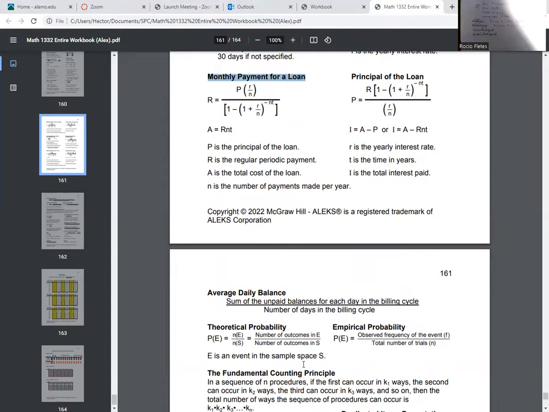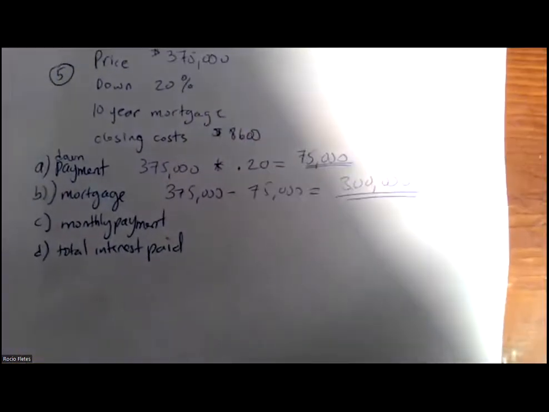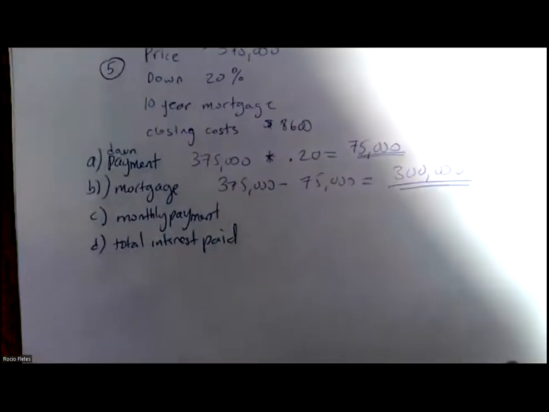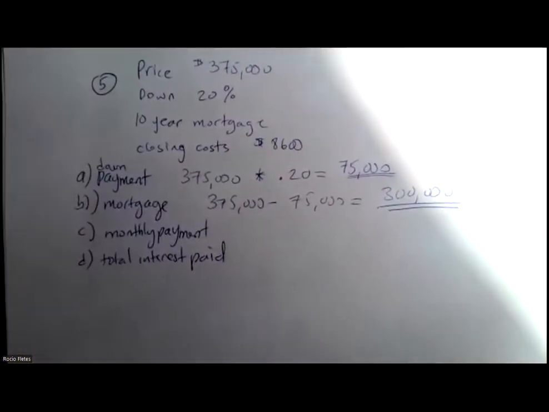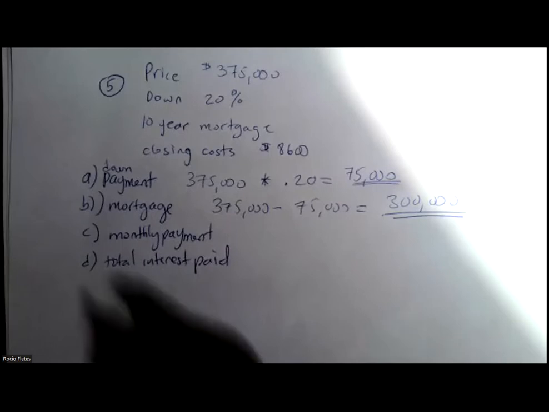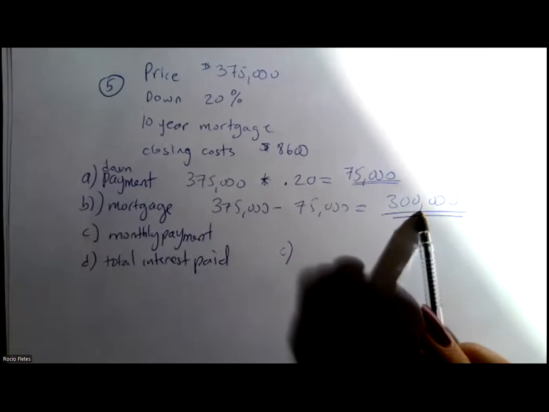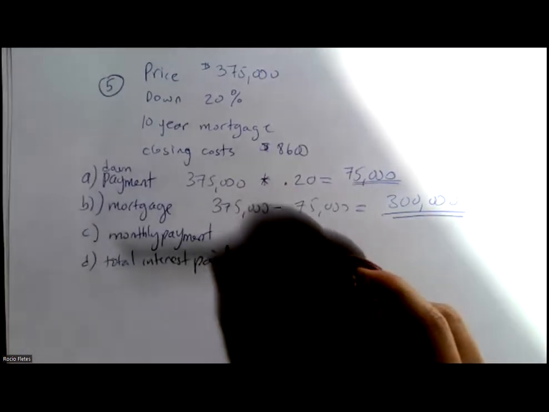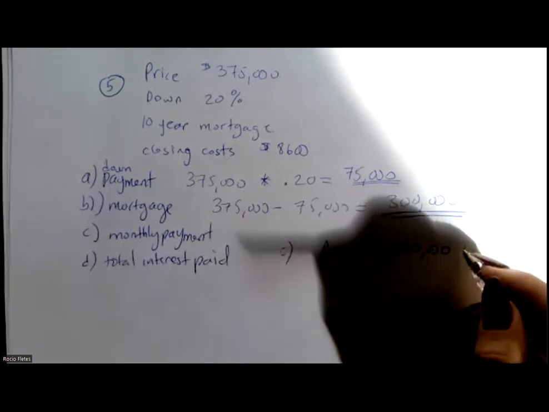So for the monthly payment, I'm going to figure that out. You have to add to the principal, so the principal is going to be the 300,000 plus the closing costs.